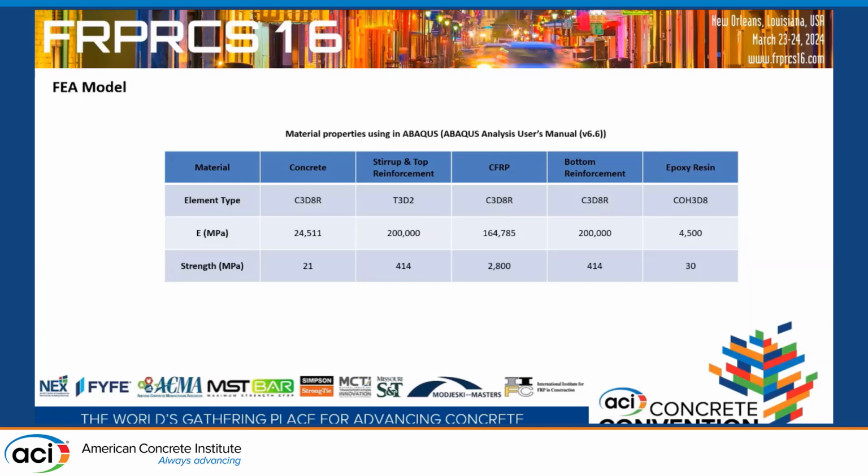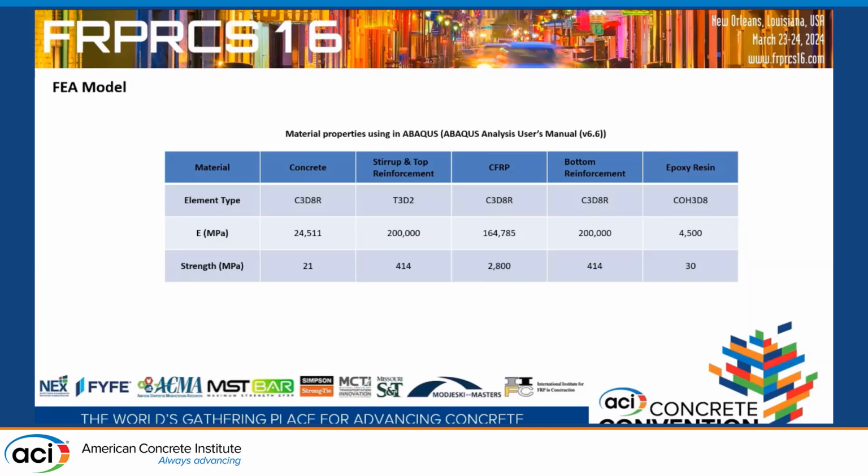Since I need to simulate steel plate with solid elements, I just want to keep the same element. So I use C3D8R to simulate the CFRP. And for the epoxy, I use COH3D8.